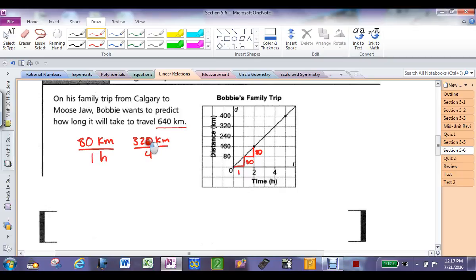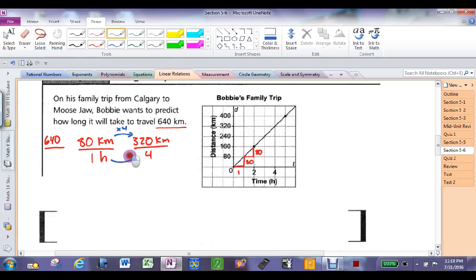They must be what? Somebody has already talked about this earlier this year. It is 8 hours, indeed. But why? I don't need 80. I don't need 320. What do I need? 640. What happened here to get to 320?